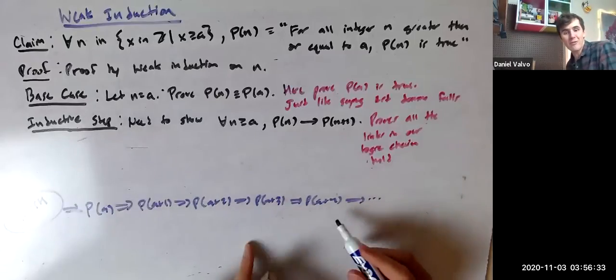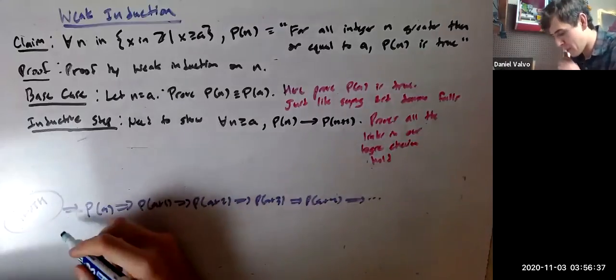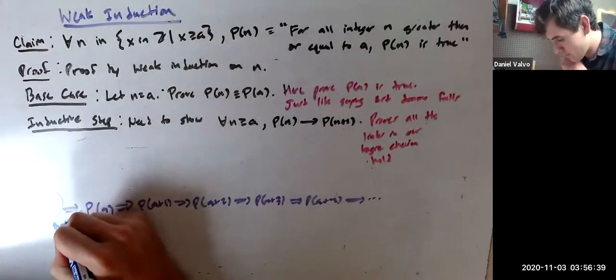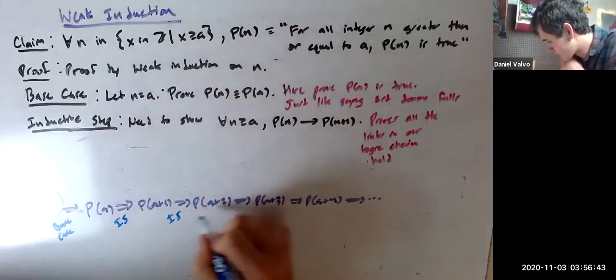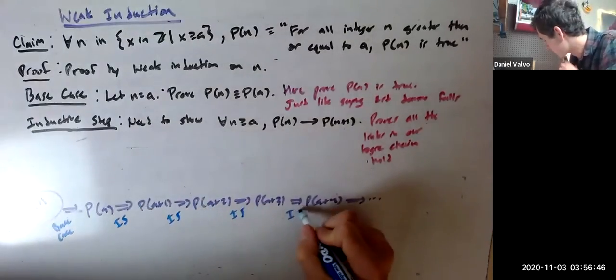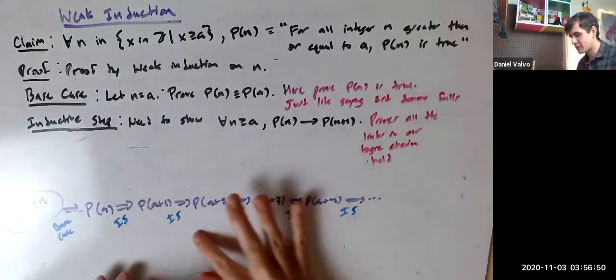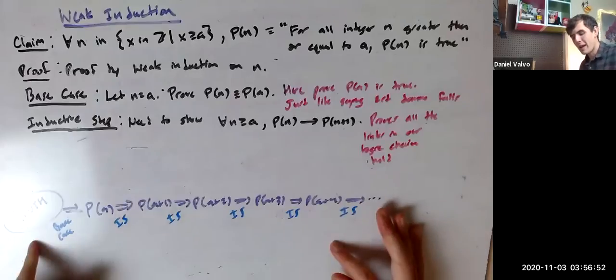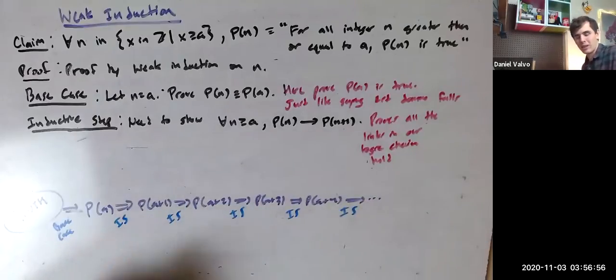And eventually gets us to every integer greater than or equal to a. So this is by base case, and this is by our inductive step, inductive step, and so on. So this is the logic chain right here. The base case starts it off, and the chain reaction takes over and says, oh, it's going to work for everything after that.